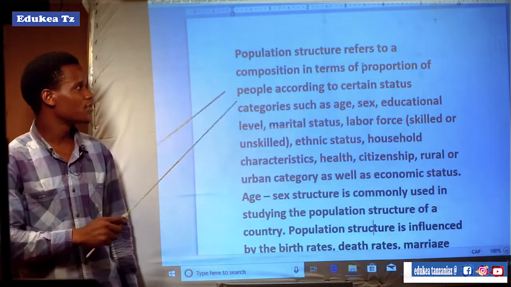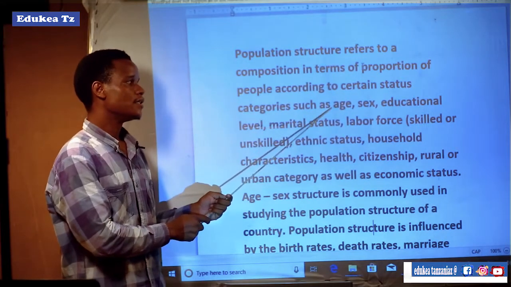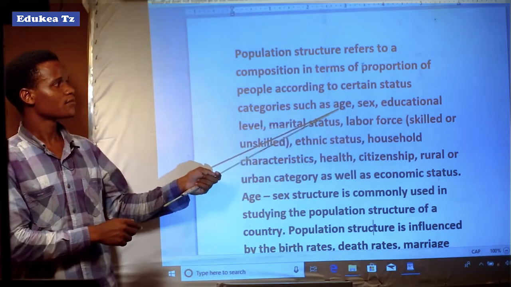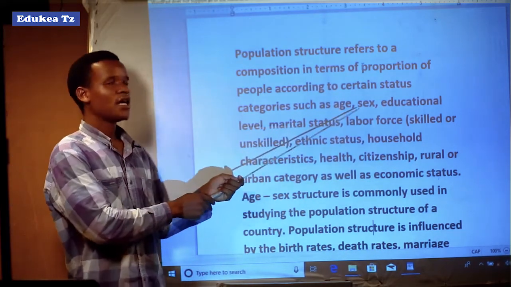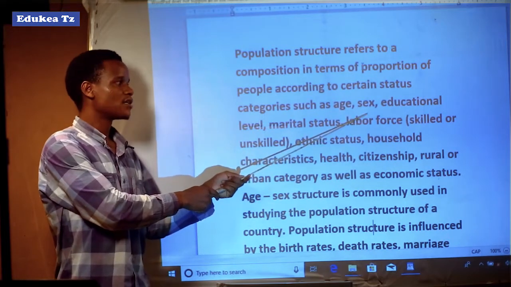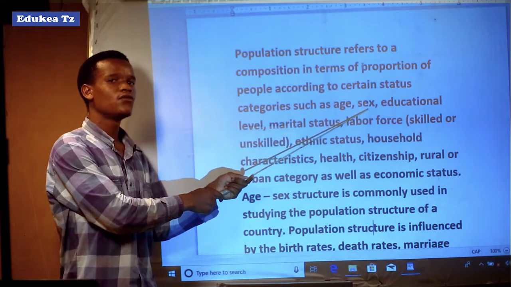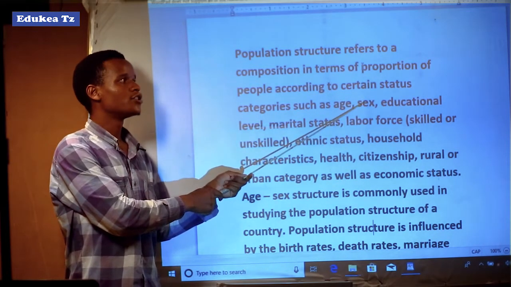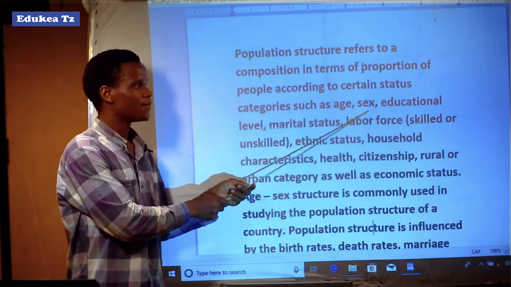The first is age. Age is among the proportions found in the population structure. Another is sex. Here we are going to look at male and female in terms of number.